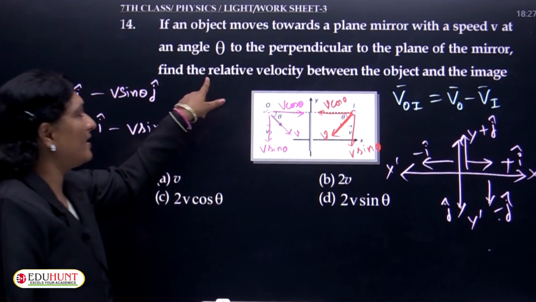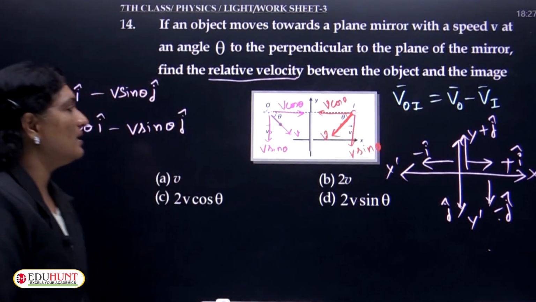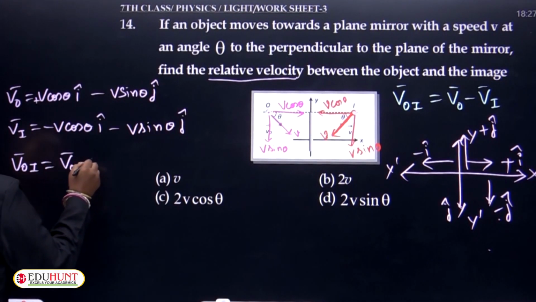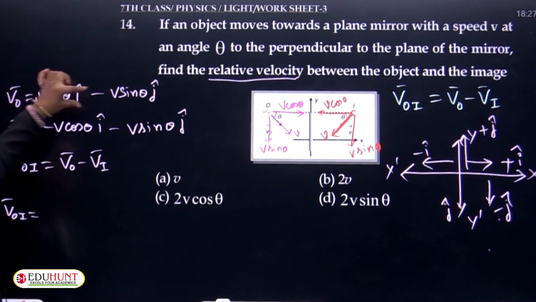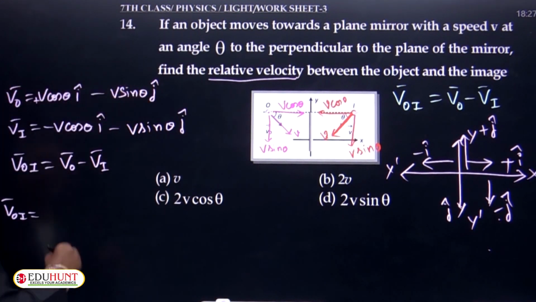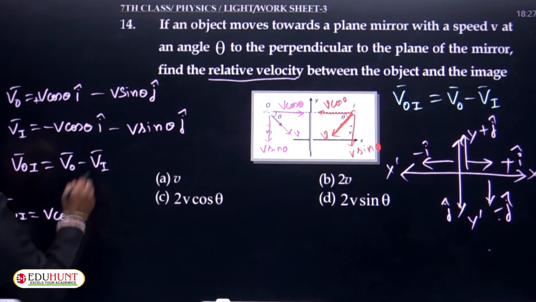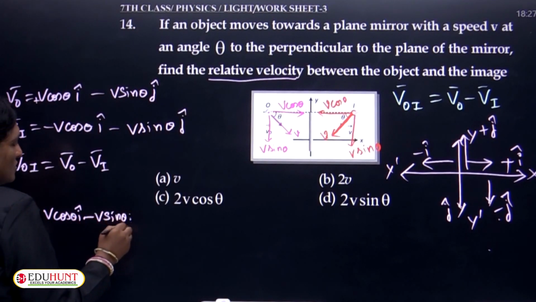But we are asked to find the relative velocity. So relative velocity between the object and image is given as VOI, and the formula for this is V0 minus VI. Hence the value of VOI can be written as, instead of V0, v cos theta I cap minus v sin theta j cap.